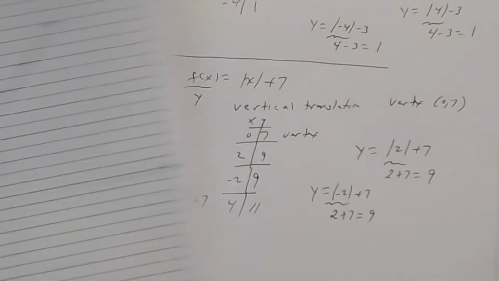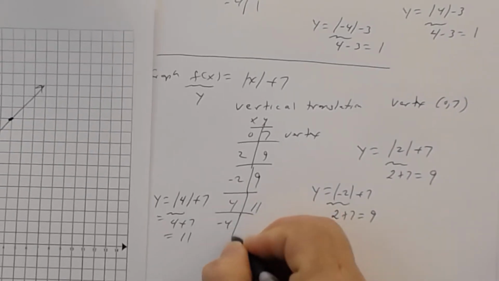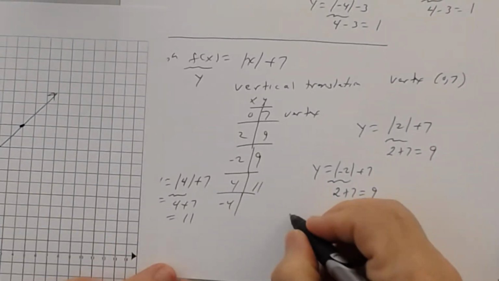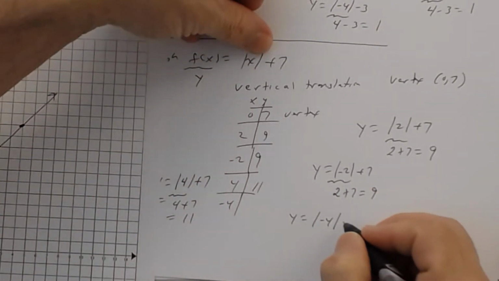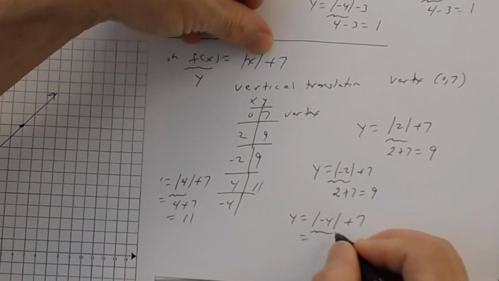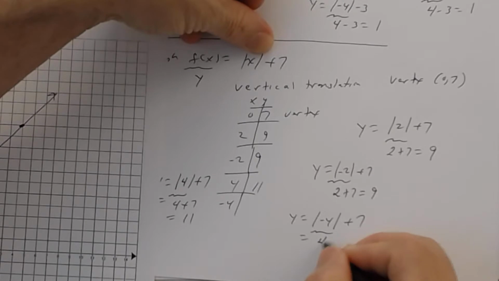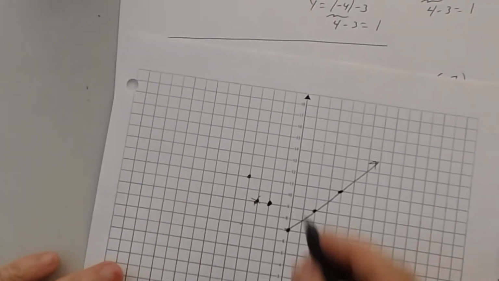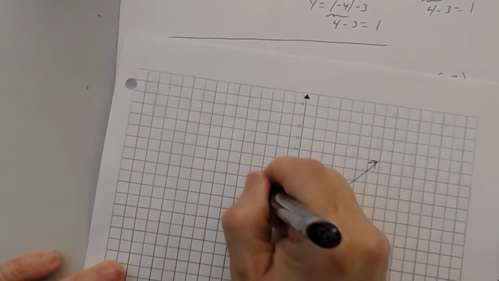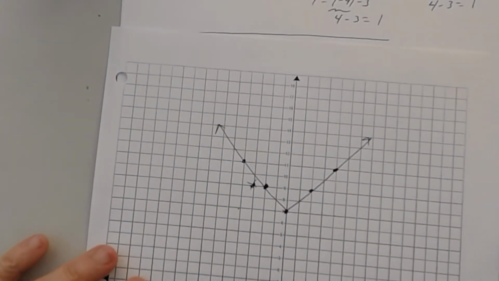Negative 4. So when x is negative 4, I get y equals the absolute value of negative 4 plus 7. The absolute value of negative 4 is 4. 4 plus 7 is 11. Okay? All right. And so you just draw your rays, and there's your graph.